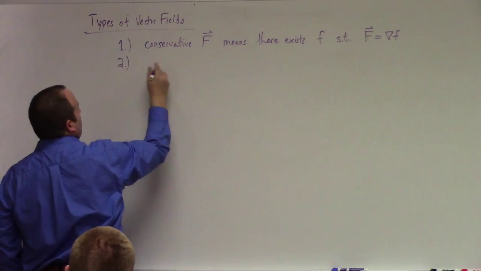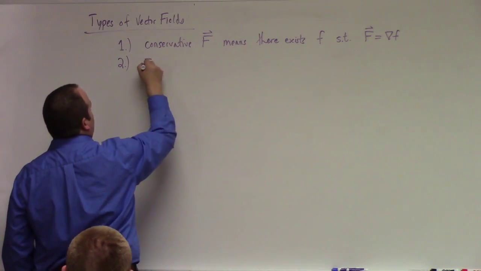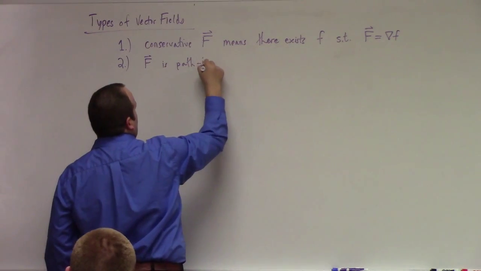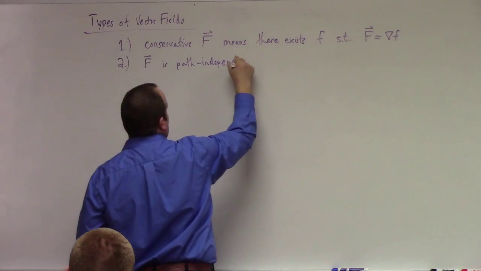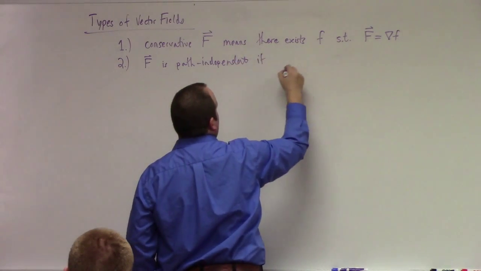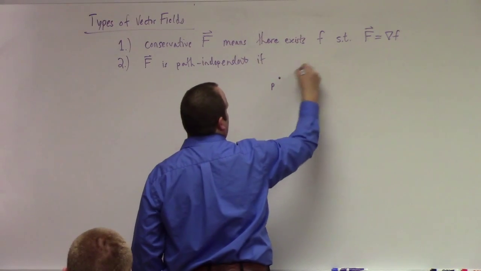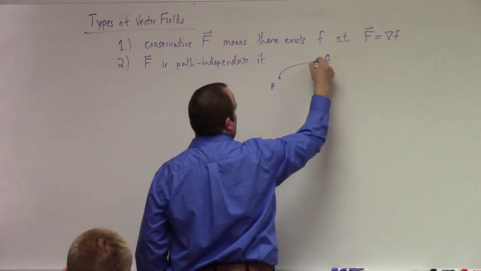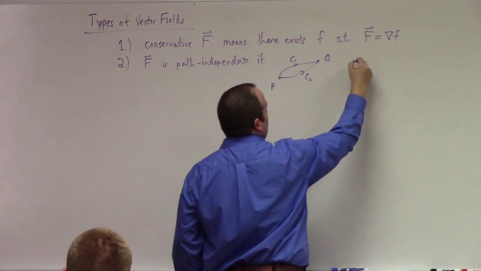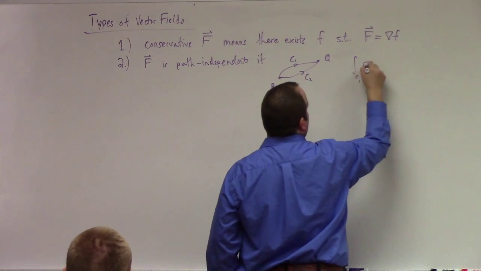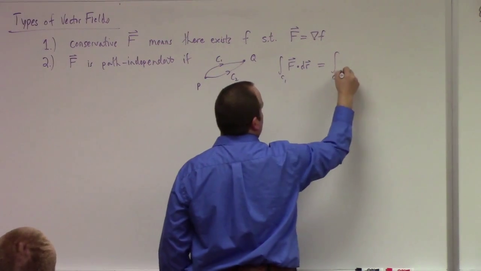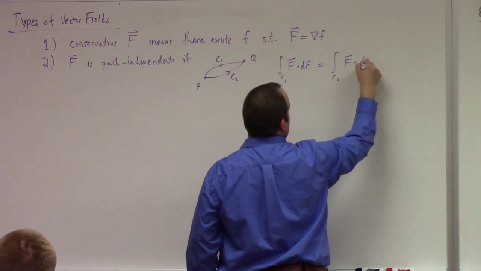And now 2, I have path independent. F is path independent. If you look at any 2 points, say from P to Q, and any 2 curves, C1 and C2, the integral along C1 of F dot dr is equal to the integral along C2 of F dot dr.